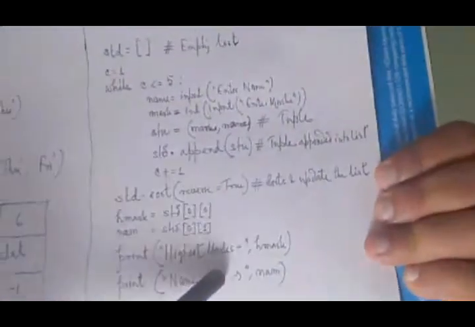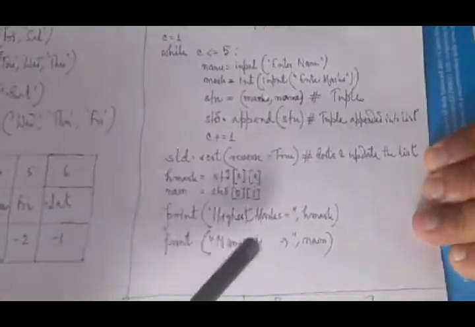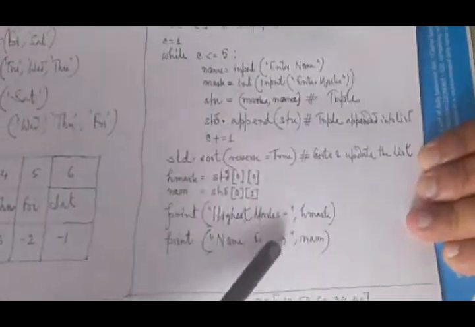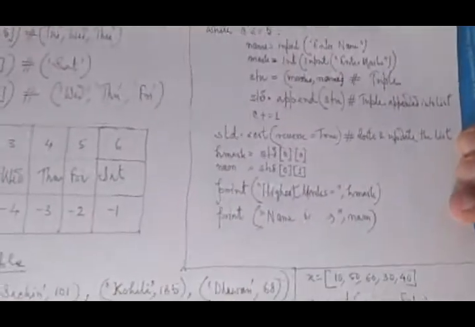Now print highest marks is equal to h mark, and print name, name is name. So highest marks and corresponding name will be printed.